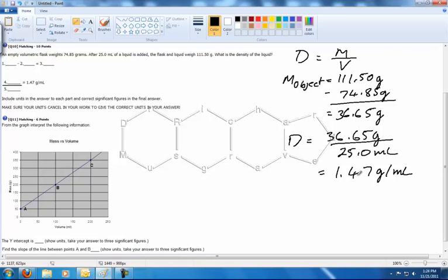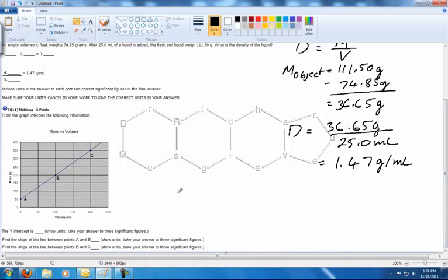Alright, so looking at the next one, we've got a graph of mass against volume, with volume on the x-axis and mass on the y-axis. The first question is to figure out what the y-intercept is. The y-intercept of this graph is going to be 50, and 50 grams is our answer there.